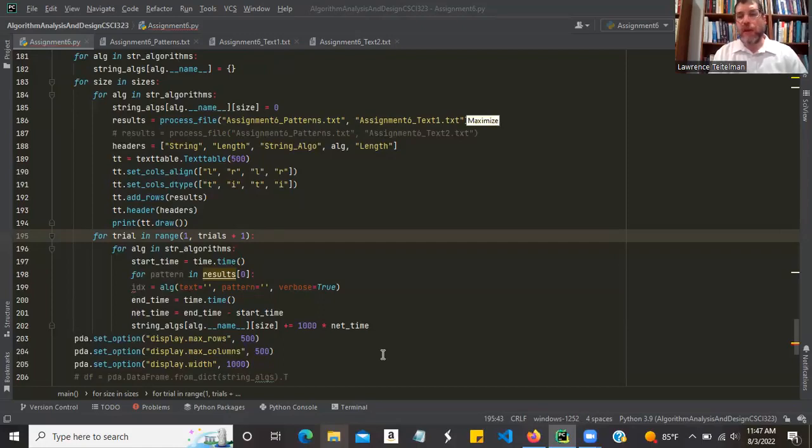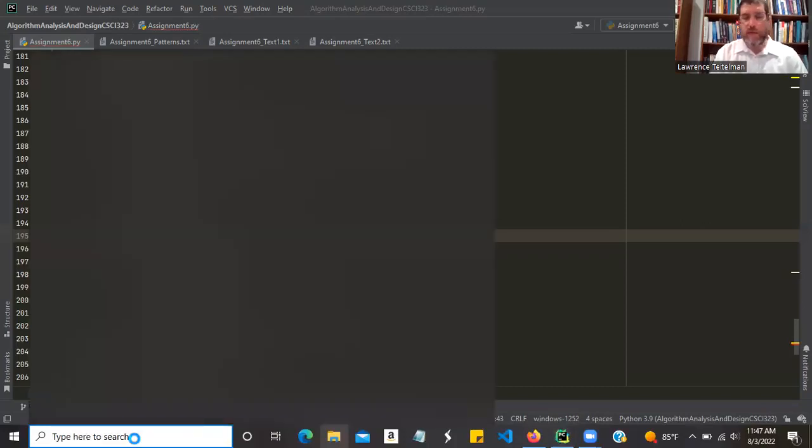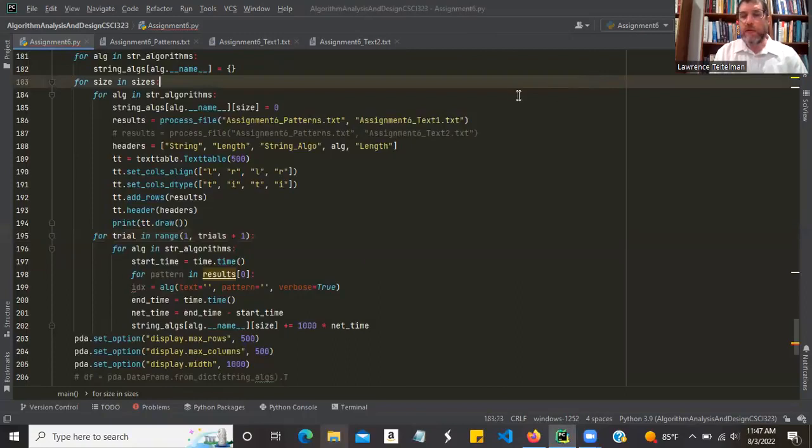And then you take that net time, so place net time into dictionary or table. Well, it's actually both, right?